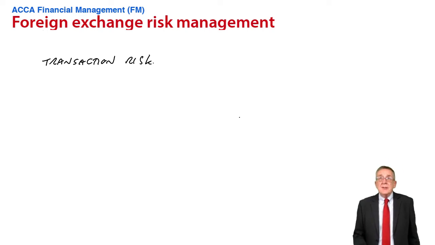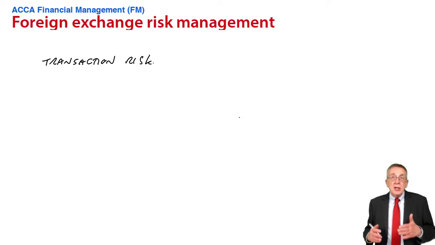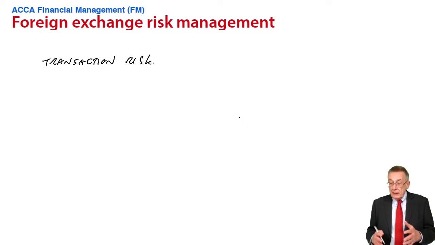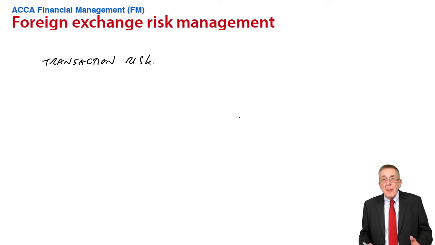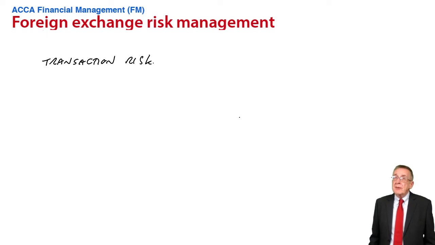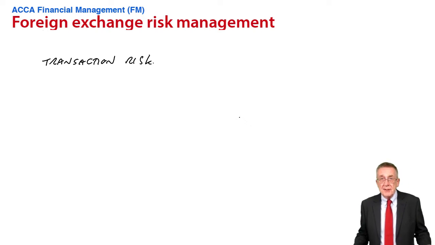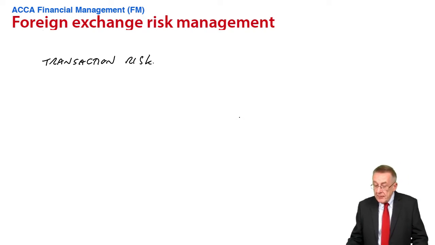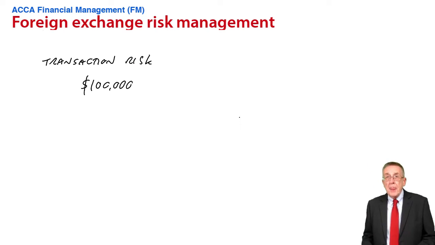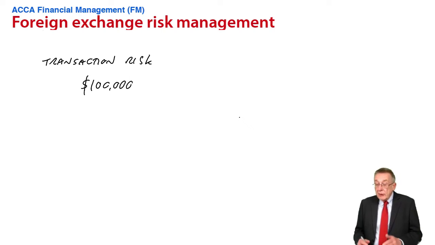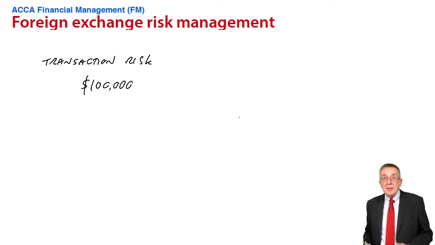And what we mean by this is, you see, I might be in the UK working using pounds. Maybe we buy goods from abroad, and I buy goods from America, and I have to pay in dollars. So, maybe I get a bill for $100,000. At the moment, maybe there are $2 to the pound.